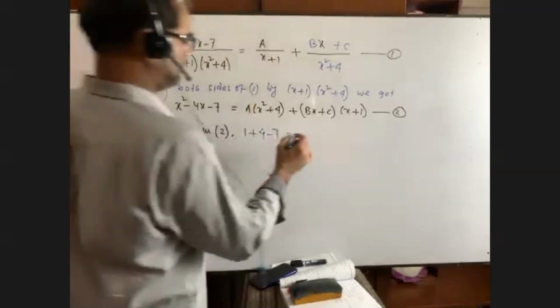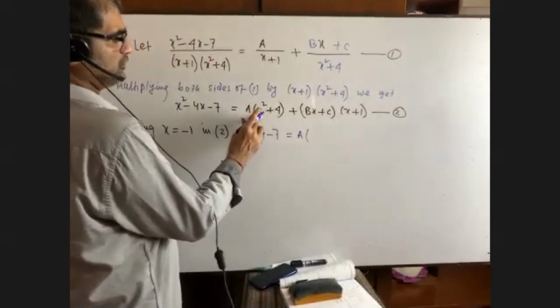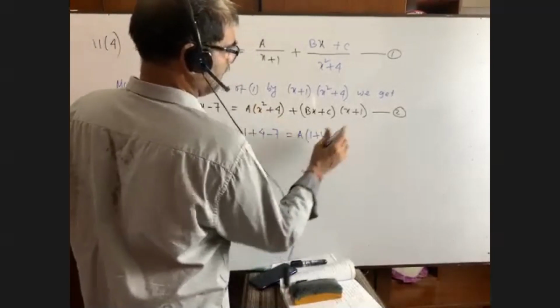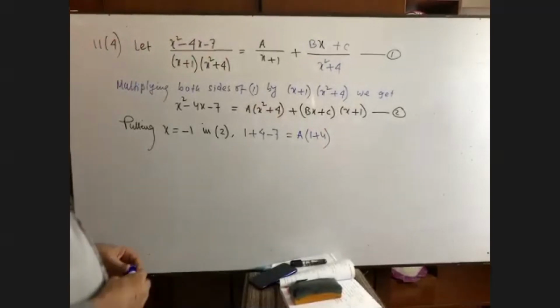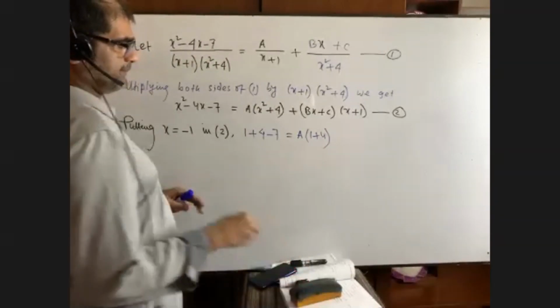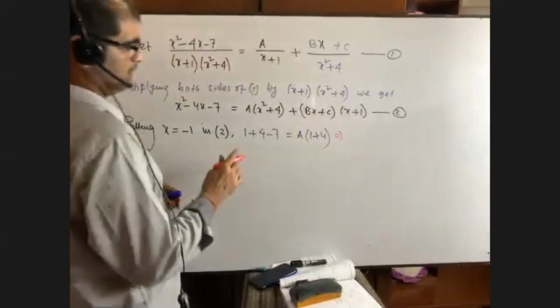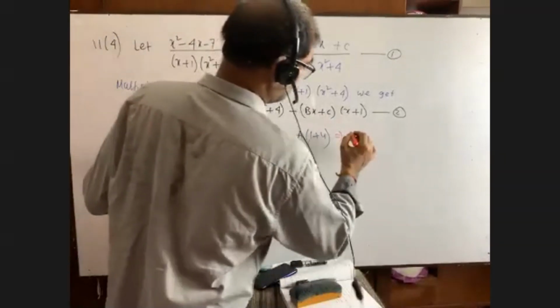Here we can write x equals minus 1. Minus 1 whole square equals 1. So it is 1 plus 4. For x equals minus 1, this part will be 0. That implies 1 plus 4 equals 5 minus 7. 5 minus 7 equals what?